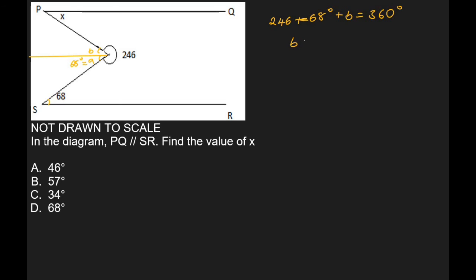So B should be equal to 46 degrees. Now remember, line PQ is parallel to this line, so it means that angle B is alternate angle to angle x. So angle x is also equal to 46 degrees.